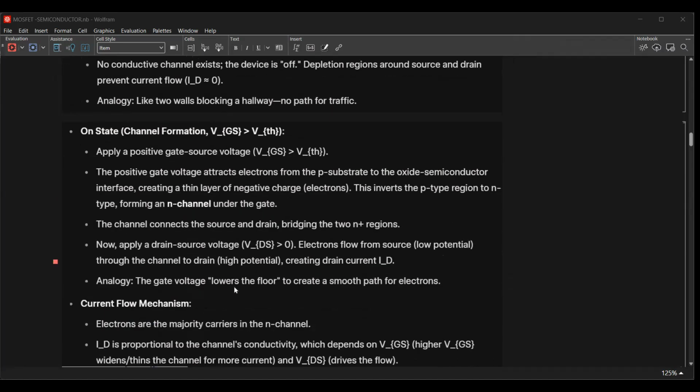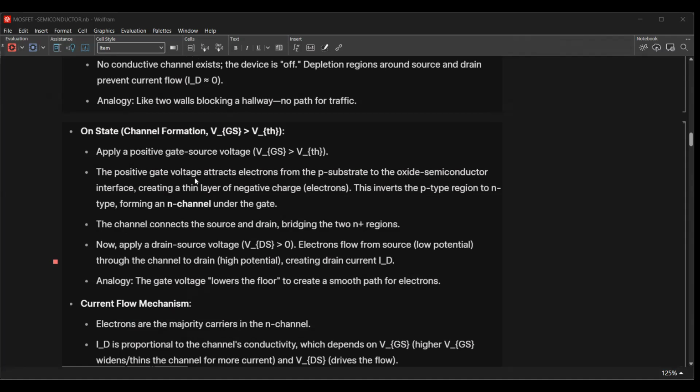So on-state, channel formation. Here the voltage from the gate to the source is greater than the threshold voltage. So apply a positive gate-to-source voltage greater than the threshold. So we have the formation of a channel here because the VG is greater than the VTH.